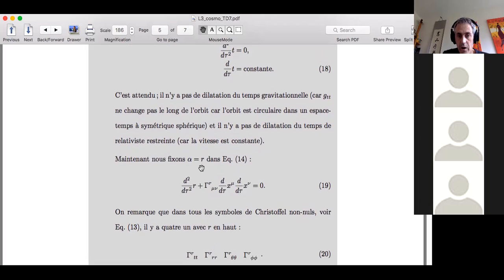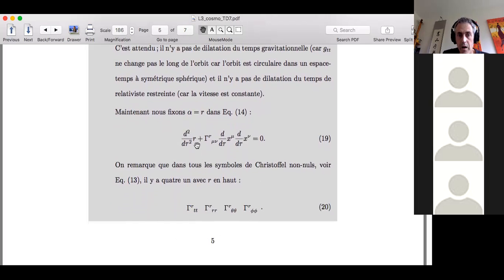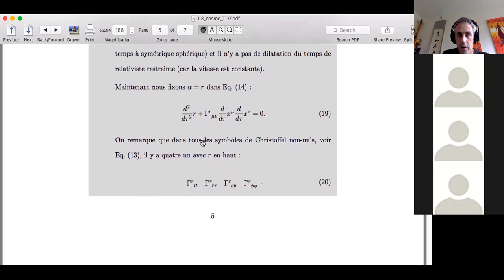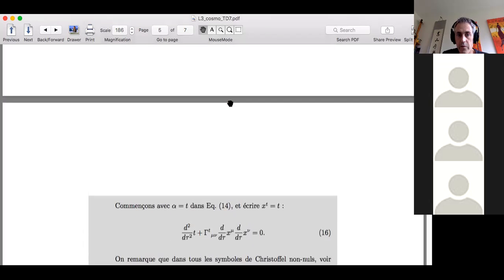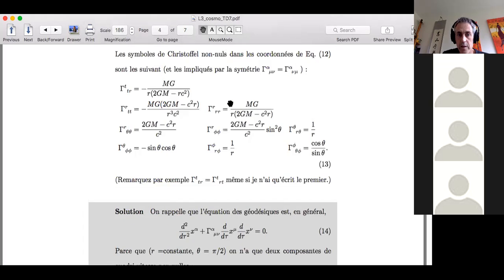Alpha equals r. In fact, we have 4 Christoffel symbols here. I'm getting all these from the big list that I give you.